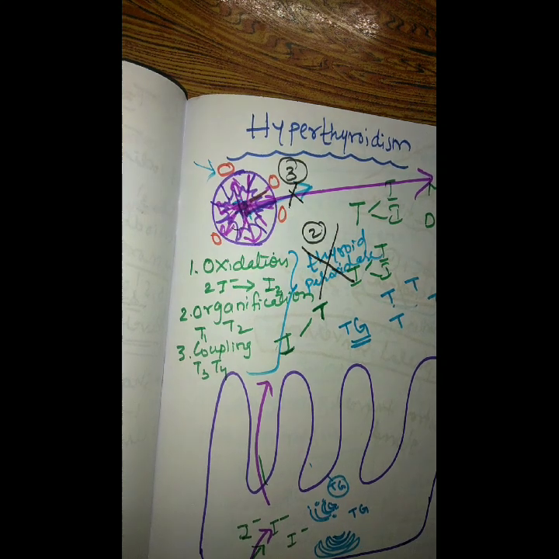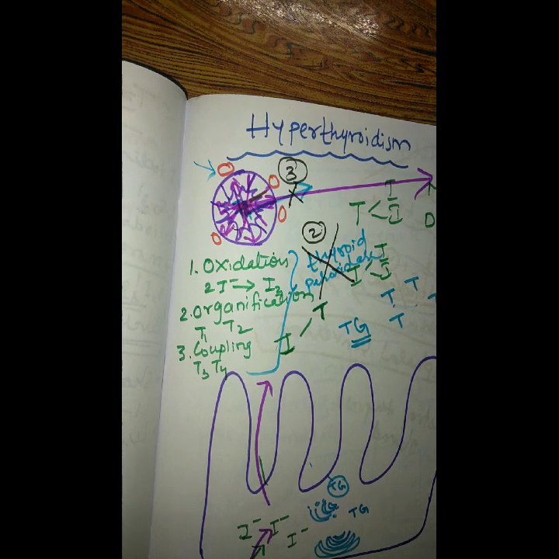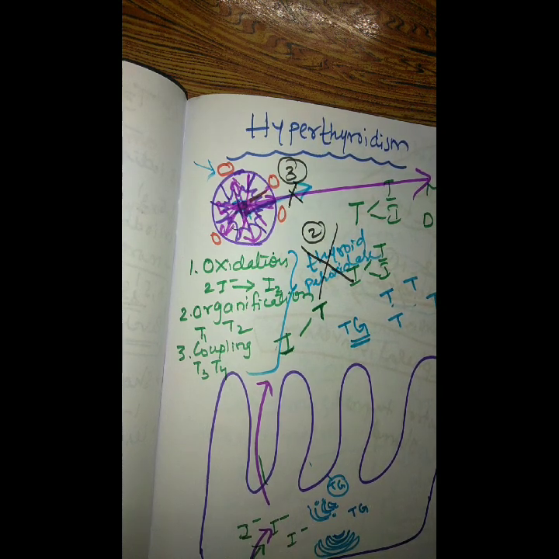So for removal of the thyroid gland, we have another alternative, the use of radioactive iodine, a radioactive isotope which produces beta rays. These beta rays do not have that much penetration power, but it is sufficient to destroy the entire thyroid gland.